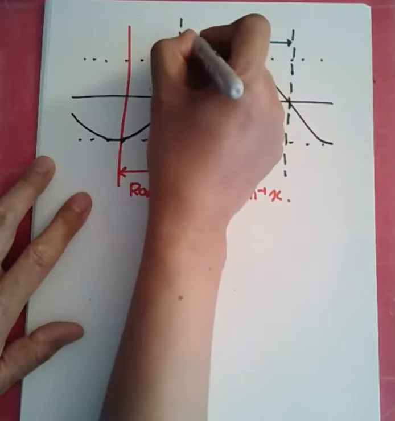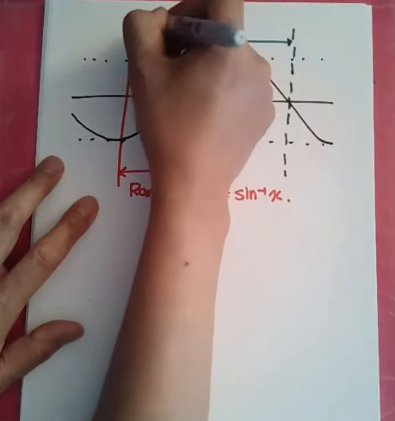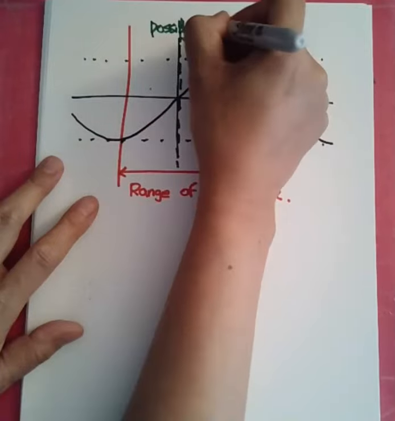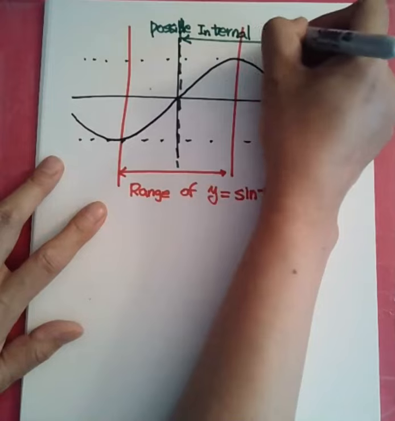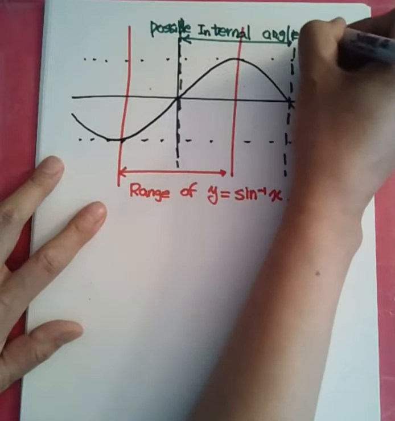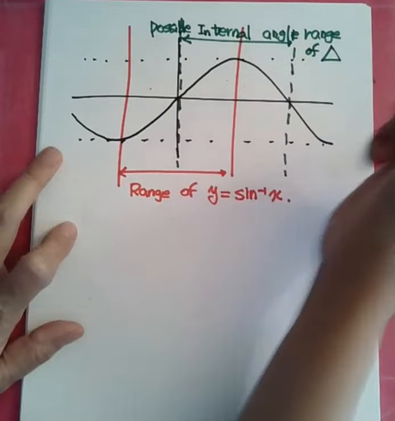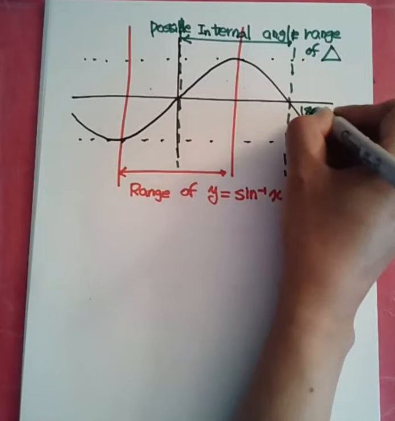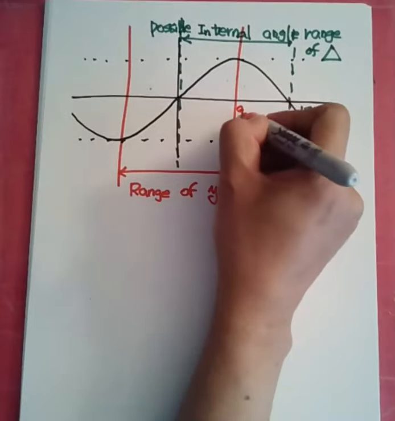This is the range of the possible internal angle ranges of a triangle. This is 180 degrees. This is 90 degrees.